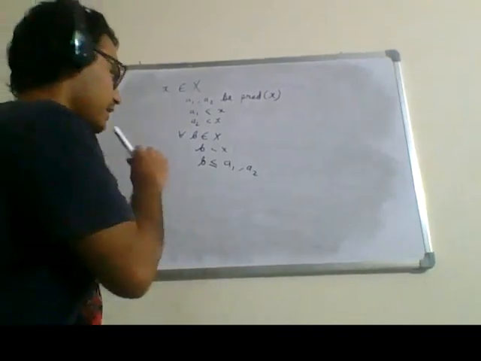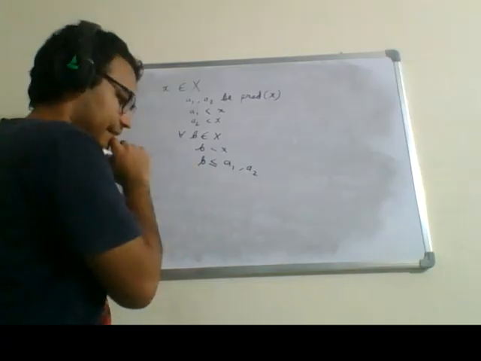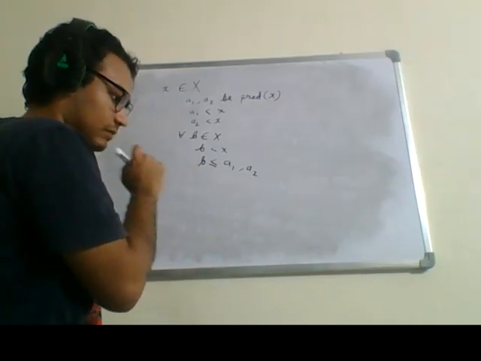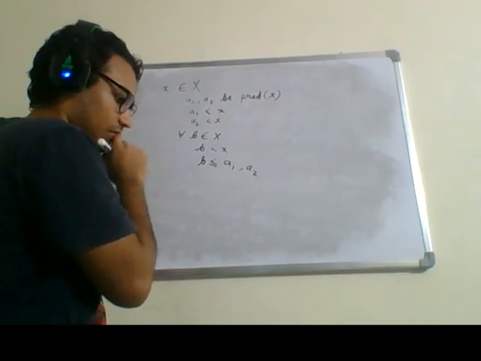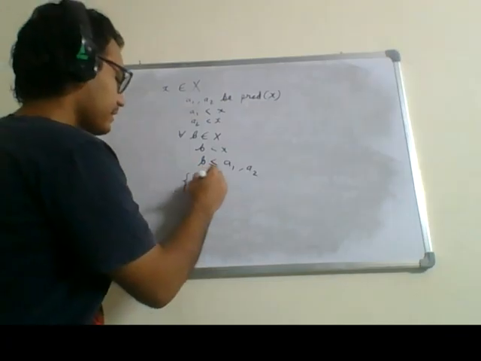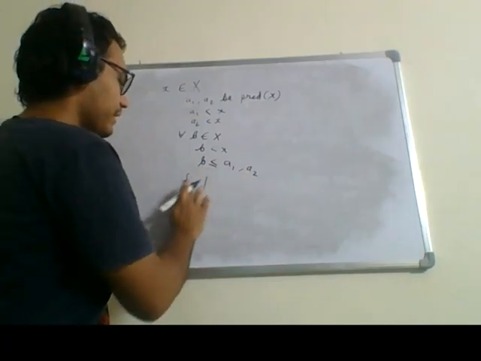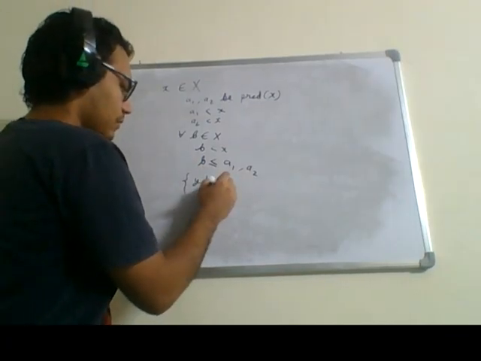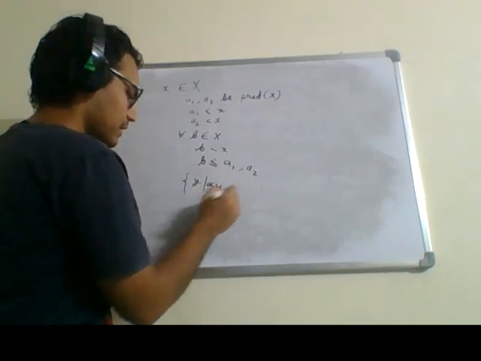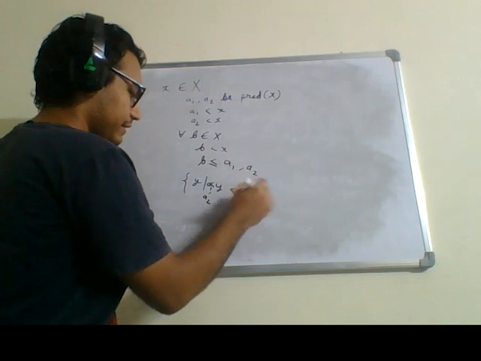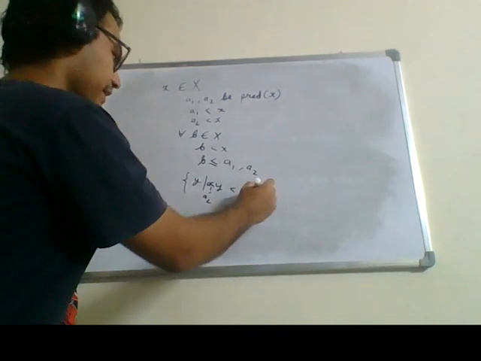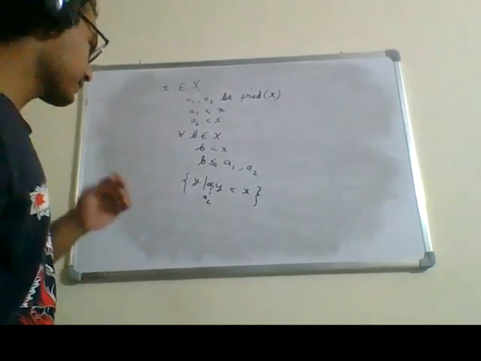Now we take the set of y greater than A1 or A2 and less than x. This set is supposed to be empty by the definition of immediate successor.